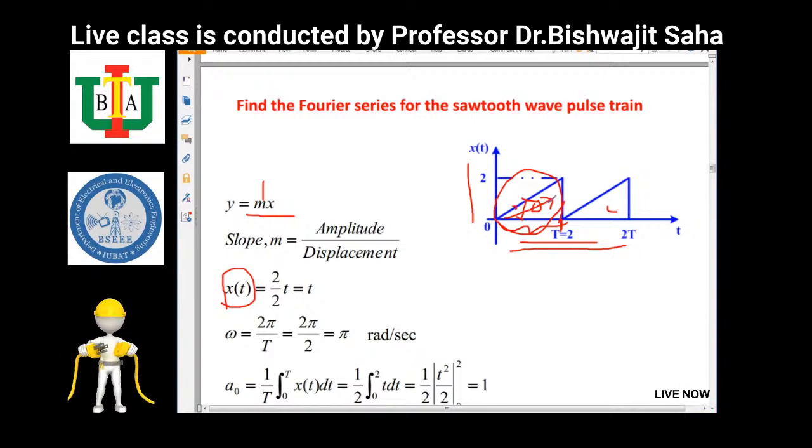If we think of the final destination, the distance divided by the required time gives the velocity. Here is the same: the maximum point is 2, and to reach the maximum point it takes 2 seconds. So we can find the slope or rate of change of the signal, 2 by 2. The 2s cancel out, so it becomes simply t.